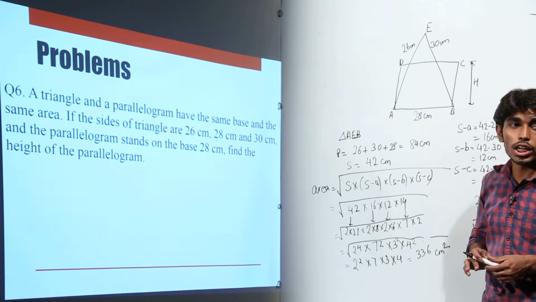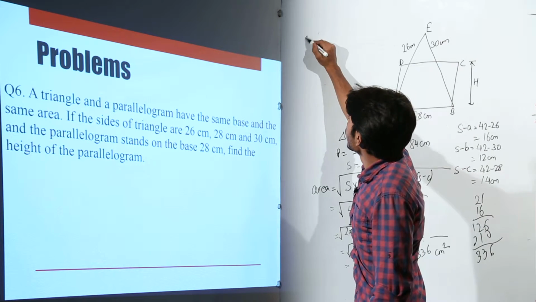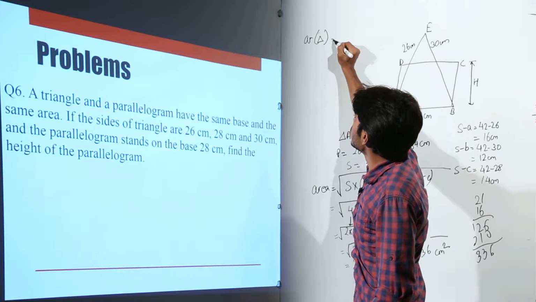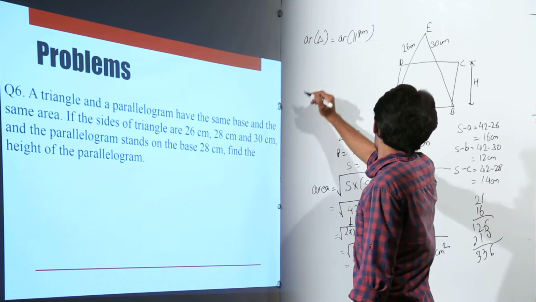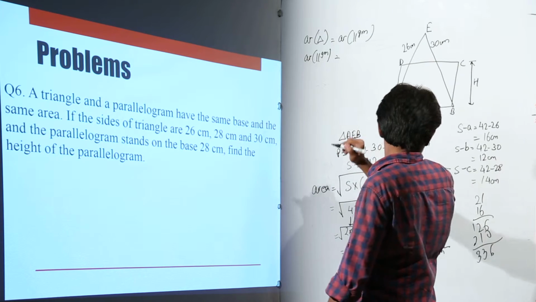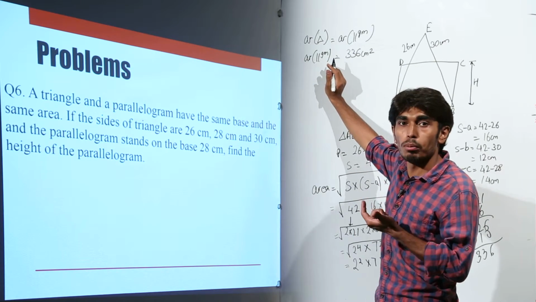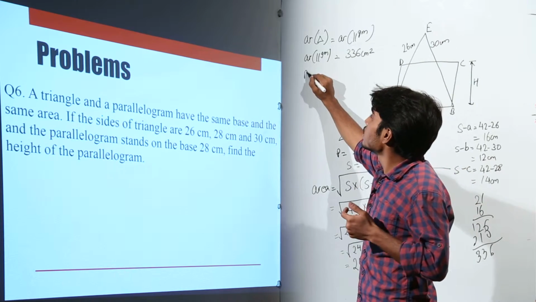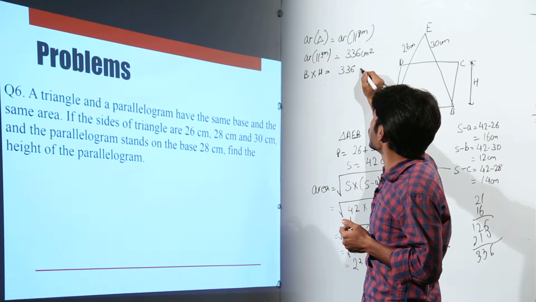Now we know that the area of the triangle and the area of the parallelogram are both equal. Area of triangle is equal to area of parallelogram. This is given to us. So area of parallelogram would be 336 centimeter square. Now the formula for area of parallelogram is base into height, which is 336 centimeter square.